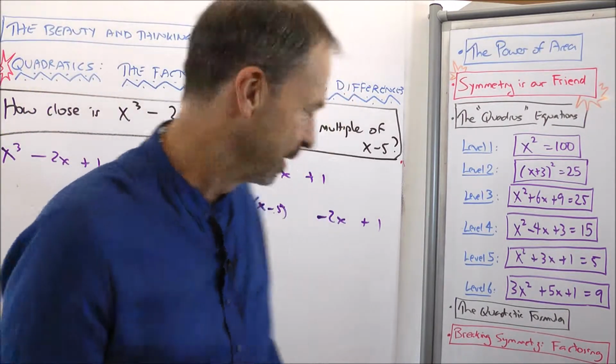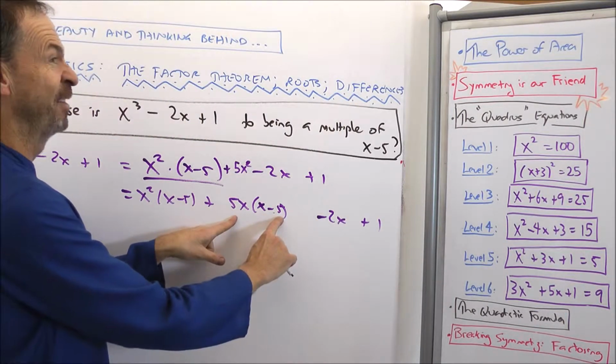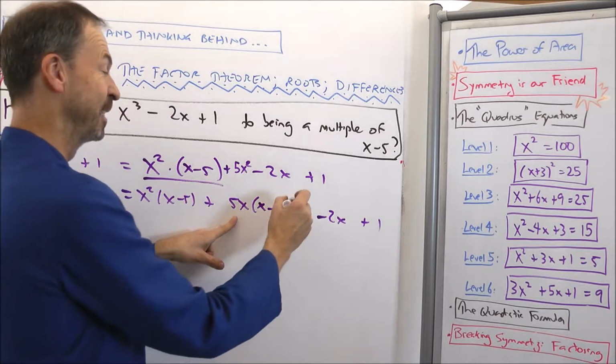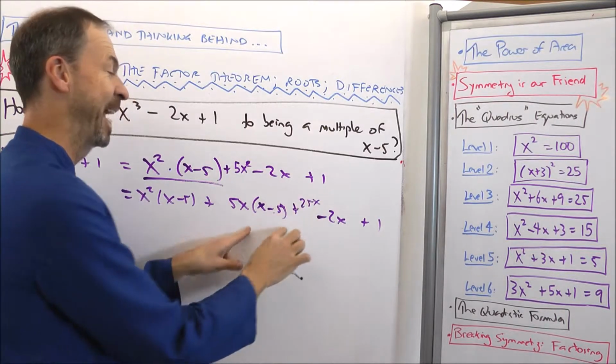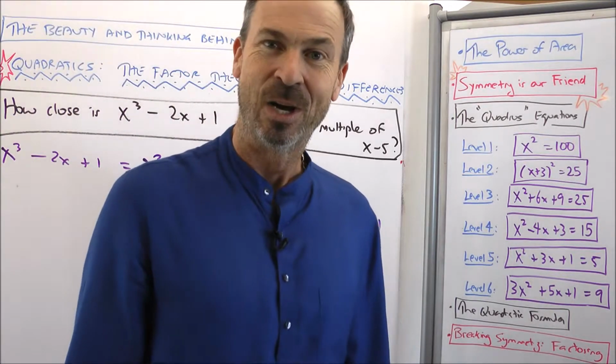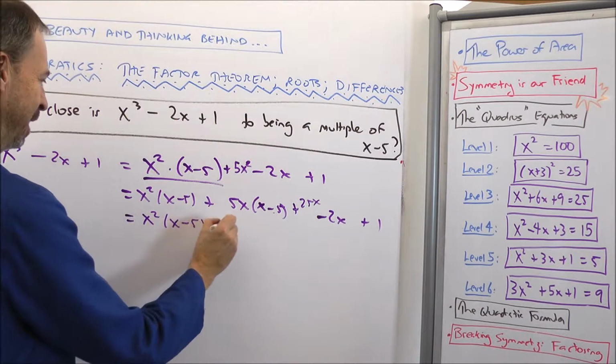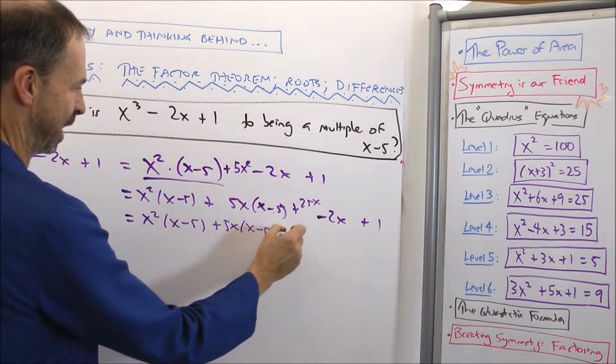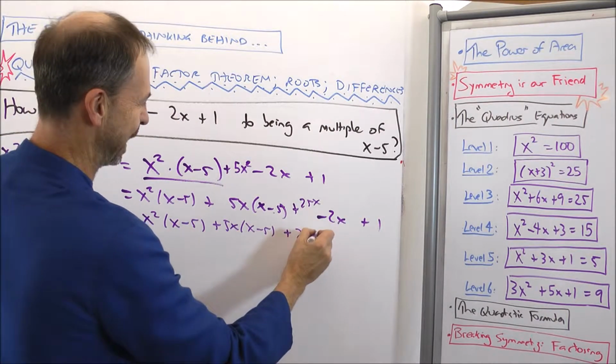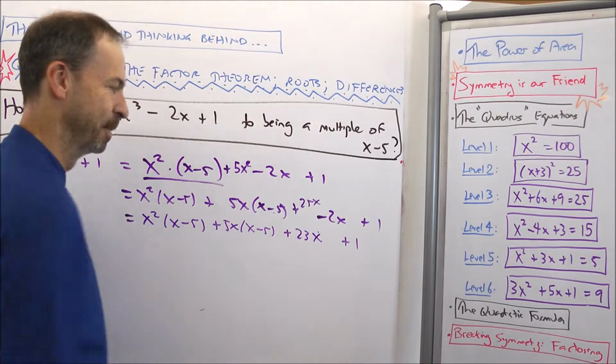But what have I introduced? I've introduced 5x times negative 5, so negative 25x. I better add 25x to counteract what I just did. All right, so I'm getting there. I've now got x squared times x minus 5 plus 5x times x minus 5. Oh, now I've got 23 x's plus 1.